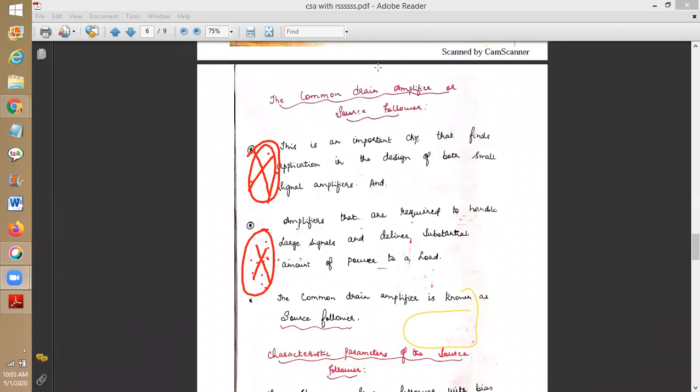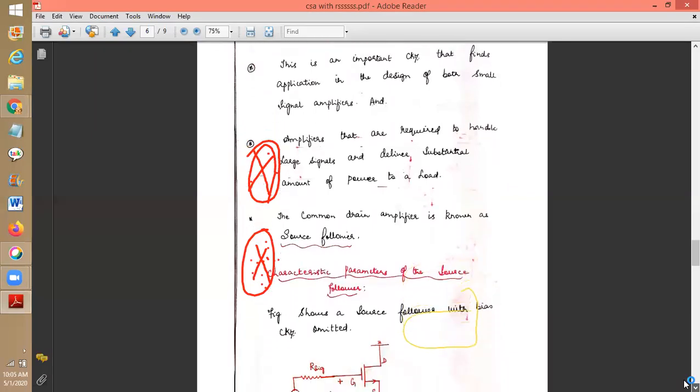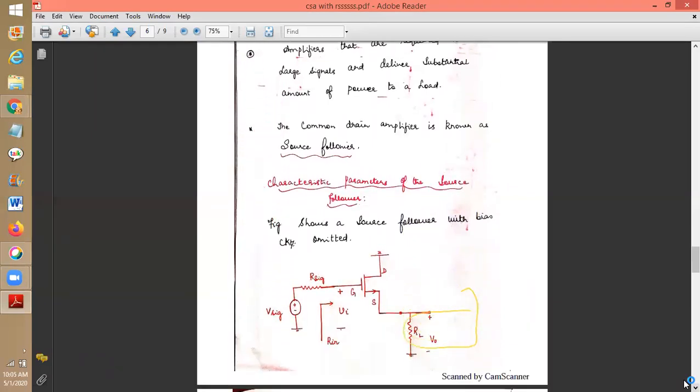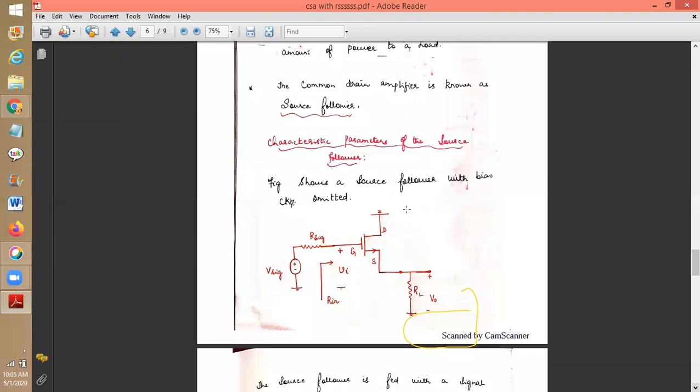That is the purpose. We may be asked to explain the source follower with a neat circuit diagram and derive its parameters. Source follower means common drain amplifier.